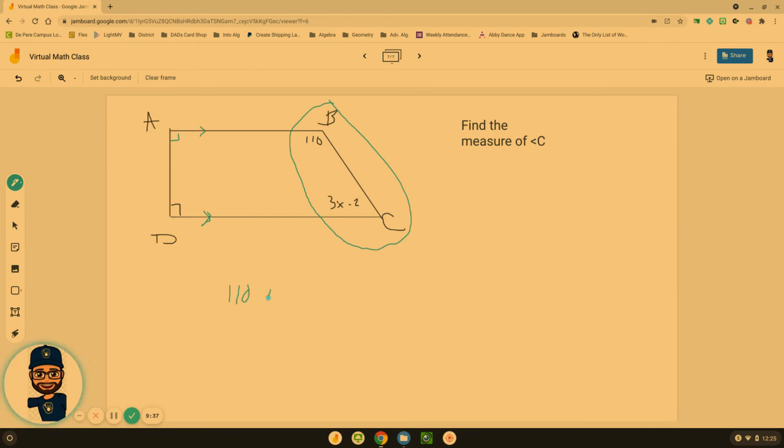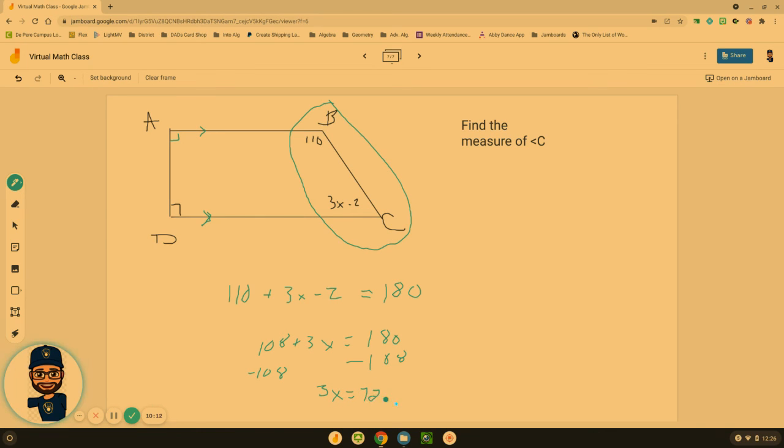So if I add those two angles up, 110 plus 3x minus 2, that has to equal 180 degrees. So this is 108 plus 3x equals 180. I subtract the 108 from both sides, we get 3x equals 72.